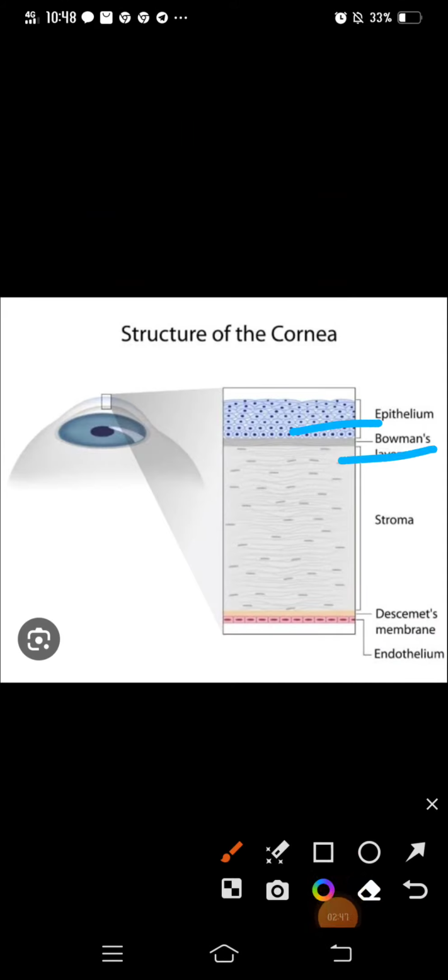You know that this is your epithelium, this is your Bowman's layer and this is the stroma. Whenever all these layers are damaged, a defect is produced in the cornea, so it is known as an ulcer.